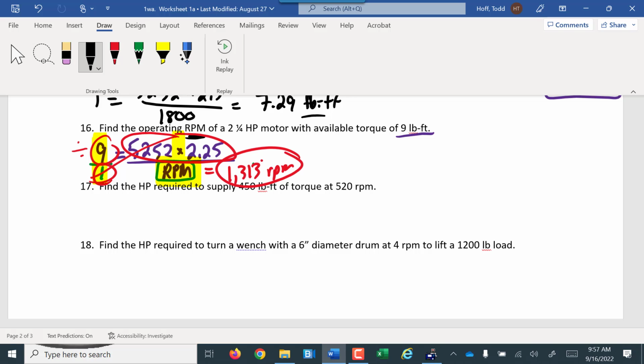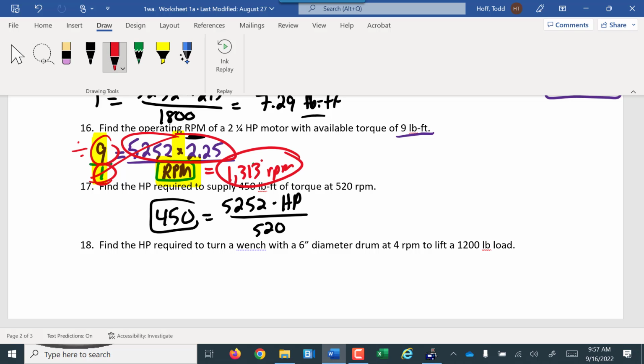Find the horsepower required to supply 450 foot-pounds of torque at 520 RPMs. So we got 450 for torque, 5,252 times the horsepower over 520 RPMs. So here we can just solve this. We're going to take the 450 and what are we going to do over here to get rid of stuff? To get rid of the 520, we have to multiply by 520.